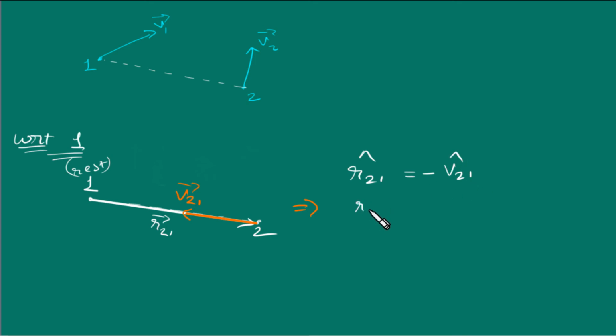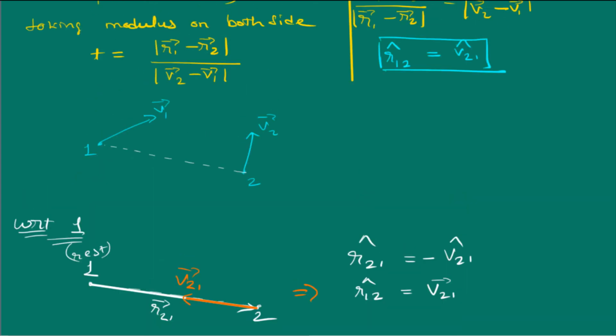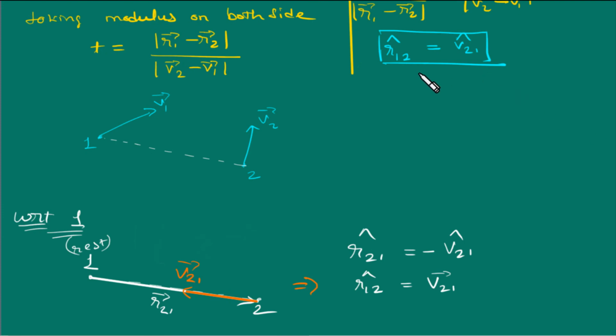Or let me write it this way: the position of 1 with respect to 2 is equal to the velocity of 2 with respect to 1. I just shifted this minus sign to the left-hand side, and this is what we obtained earlier. Look at this.